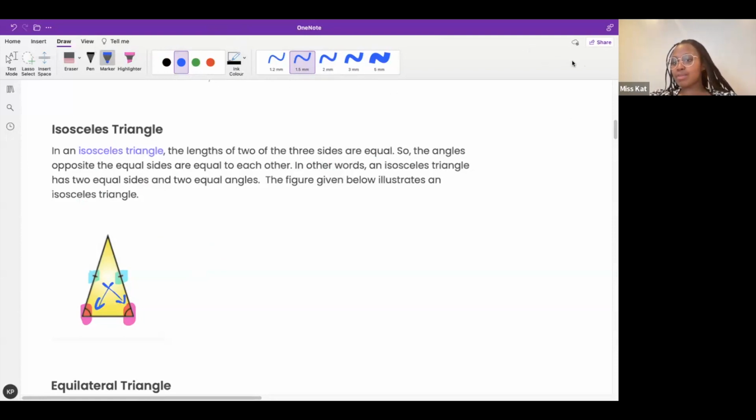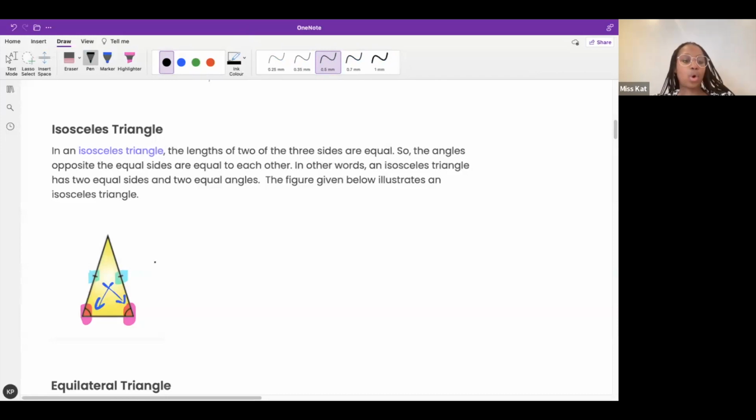Okay, Oratile, do you have a question about these triangles? Yes, ma'am. This isosceles triangle, when we draw it and we put parallel signs on the sides, are we wrong? Where would you put the parallel? On the sides, ma'am.